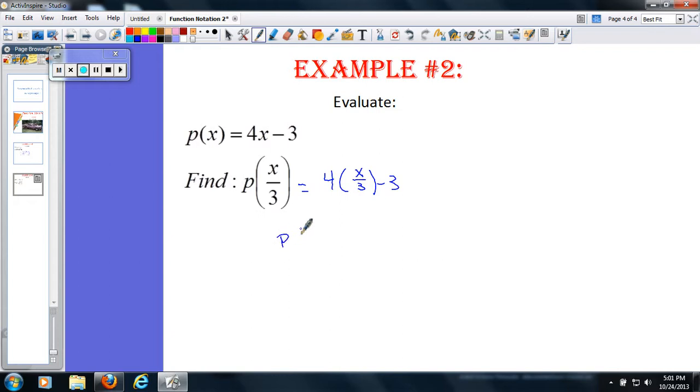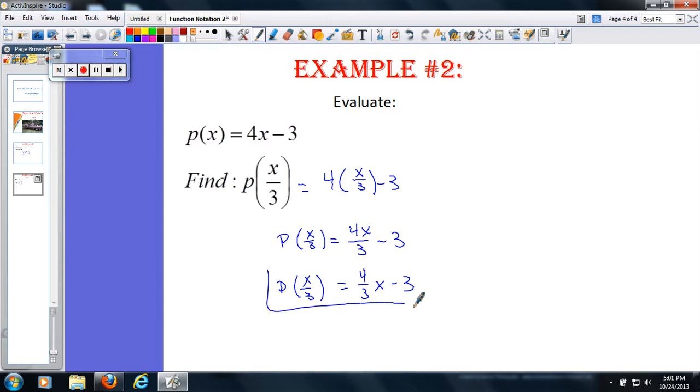So p of x over 3 is going to be 4x over 3 minus 3, or you can simplify this to be 4/3 x minus 3. Okay, and this is going to be our equation.